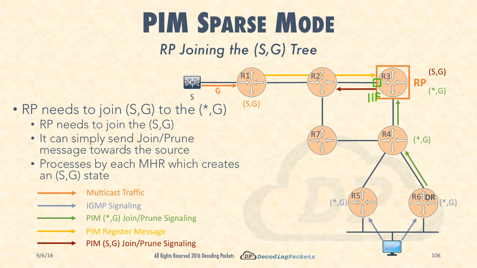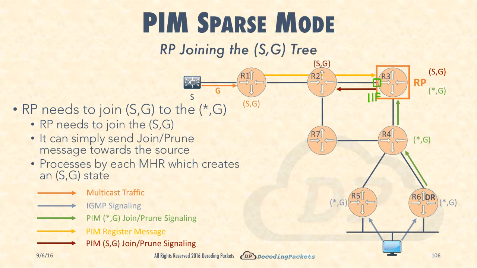That's very important. In the S, G state, you identify the IIF, and that is the RPF interface for the S, and R3 reflects that as the IIF for the S, G state. When R2 receives this message, it is going to do two things. It's going to create an S, G state of its own.